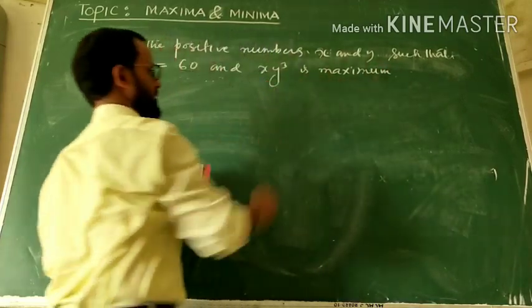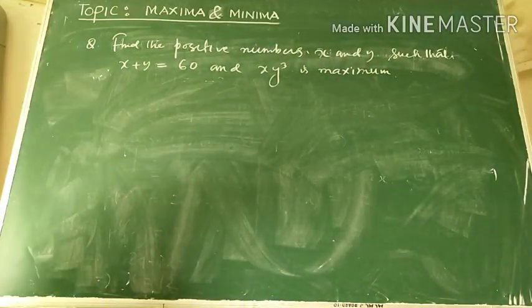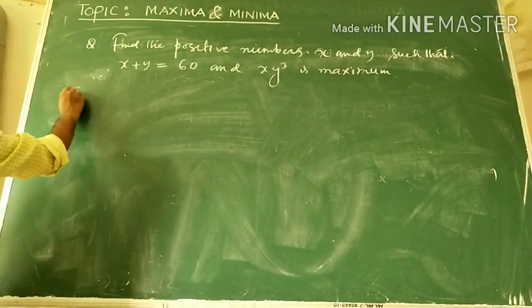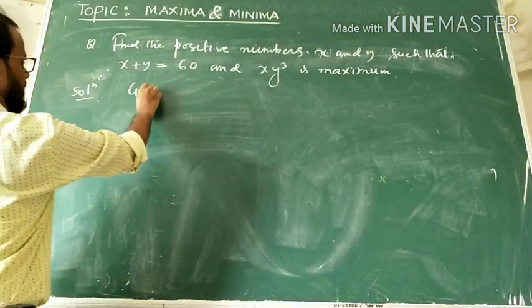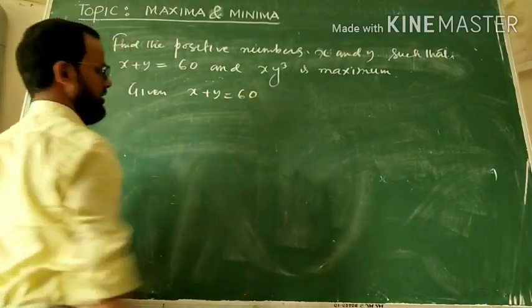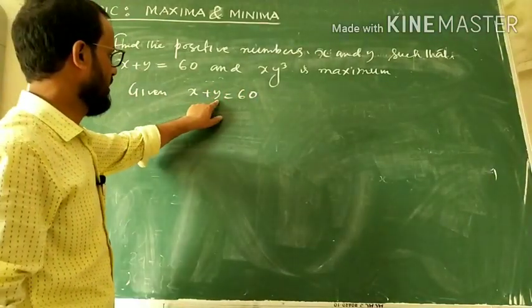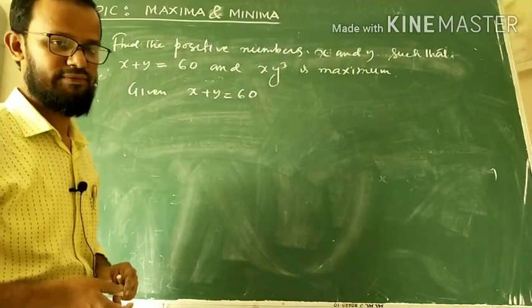This time the product is represented by one number into the cube of the other number. So what is given? Given is x plus y equal to 60. Very interesting, which variable are we going to replace, y by x or x by y?